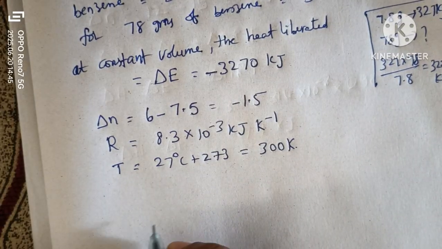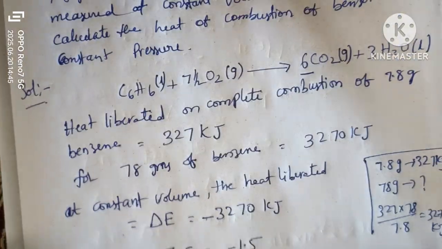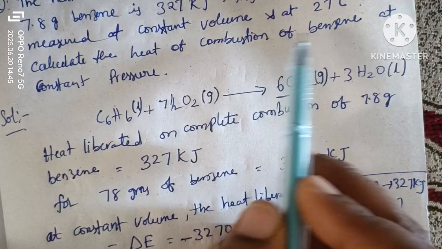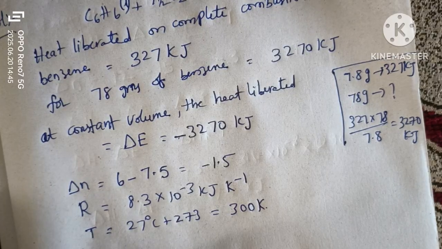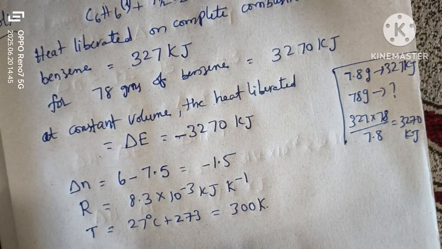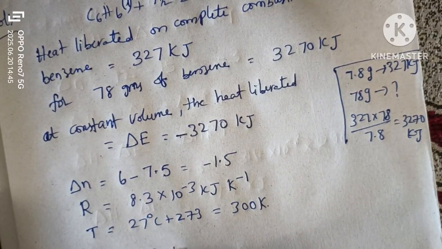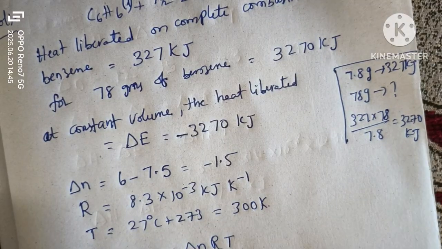Okay, then we have to calculate the heat of combustion of benzene at constant pressure. So at constant pressure, we'll have an enthalpy equation. Delta H is equal to delta E plus delta N RT.